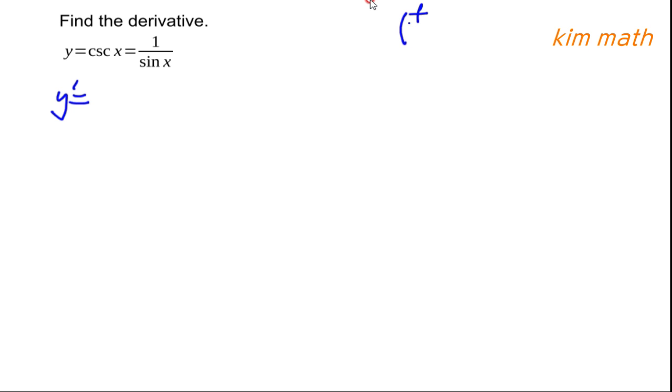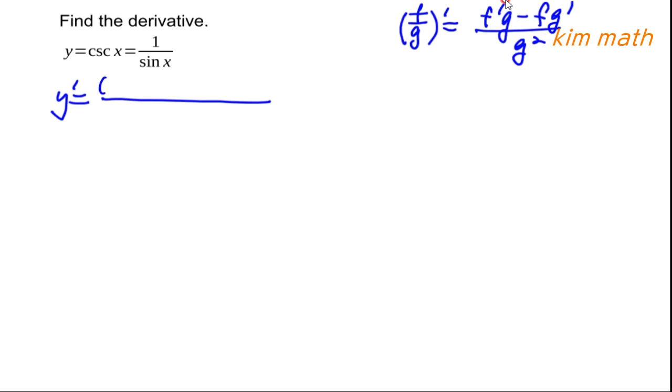One more time, (f over g)' will be (f' g minus f g') over g squared, right? Is that okay?